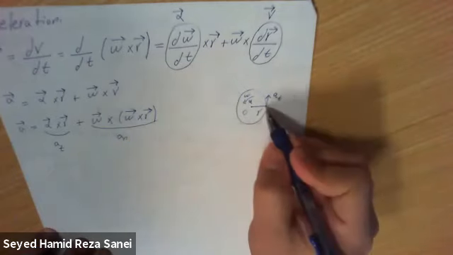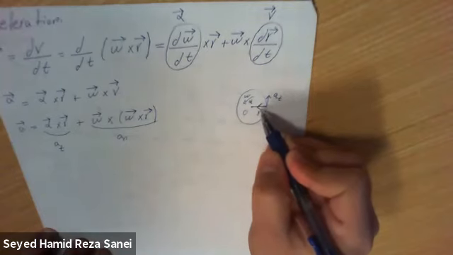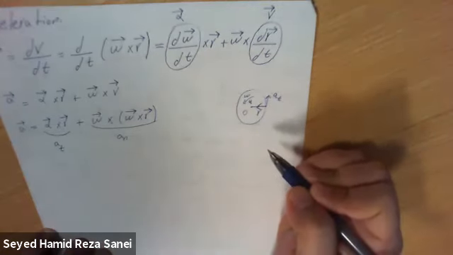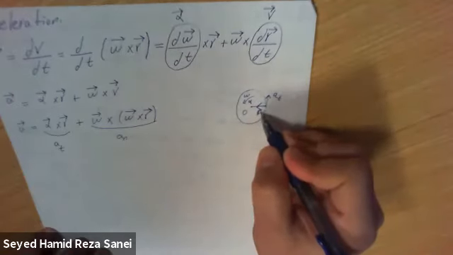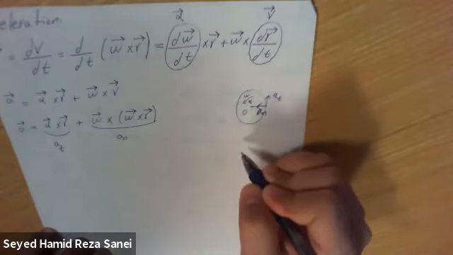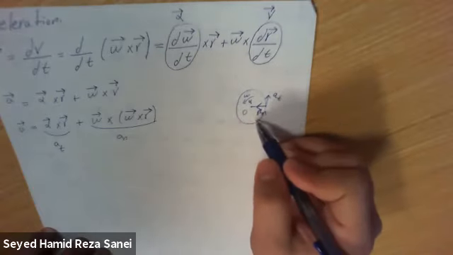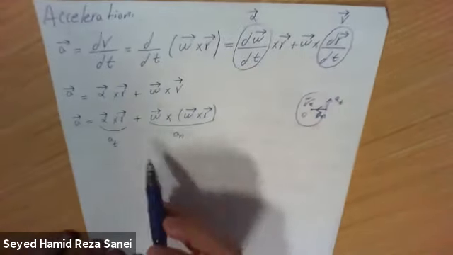Also, you have AN, which is in the direction of the center, or the opposite direction of your radius. So we have two components, AT and AN.